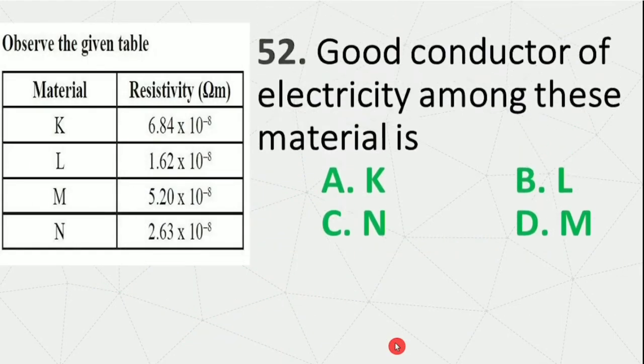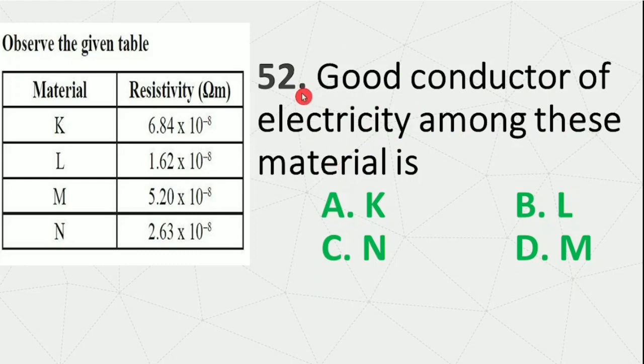Question number 52. Good conductor of electricity among these materials. They have given the materials K, L, M, N, and along with that they have given the resistivity of each material. By seeing that, we should find out which is the good conductor of electricity. Here see the resistivity: 6.84, 1.62, 5.620, 2.63.